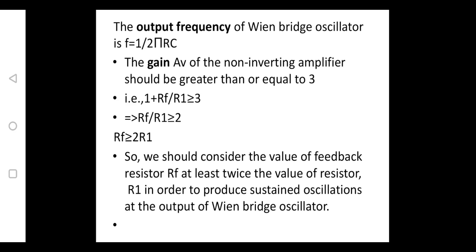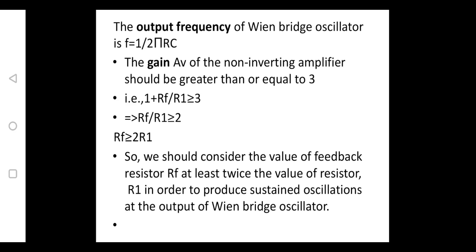To calculate the output frequency of a Wein bridge oscillator, F is equivalent to 1 by 2 pi RC, and here the gain value should be greater than or equal to 3.